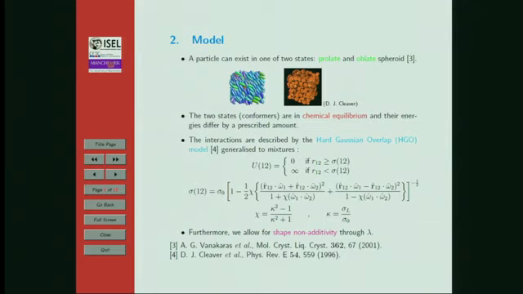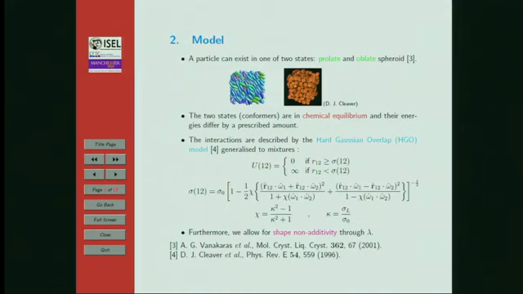And it also allows us to introduce shape non-additivity of different particle species through this parameter lambda, although in all the results that I'm going to show you, we did not. But that's one other lever that we may wish to pull in the future.